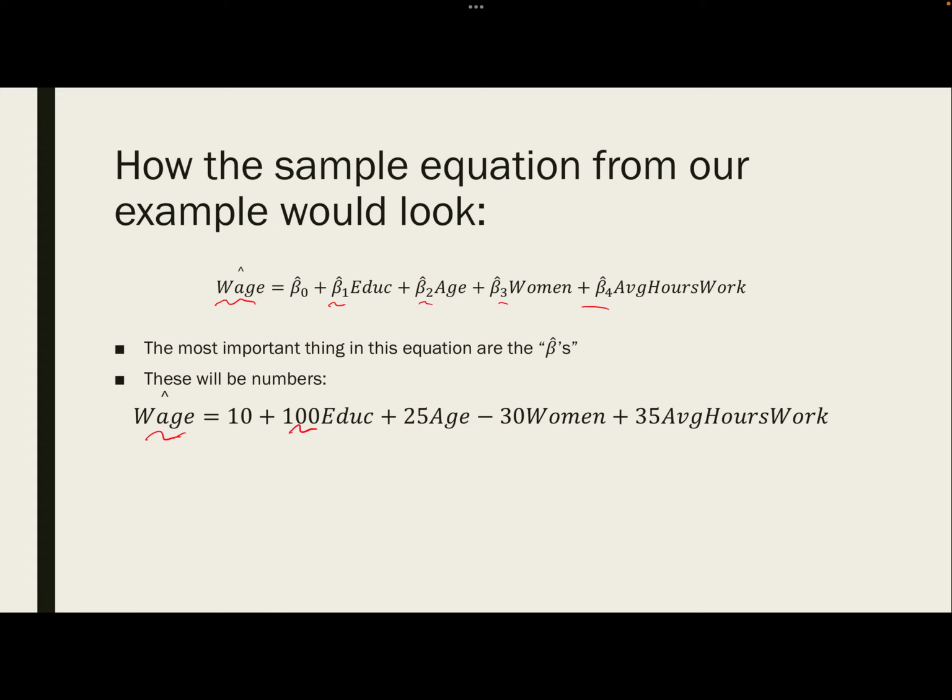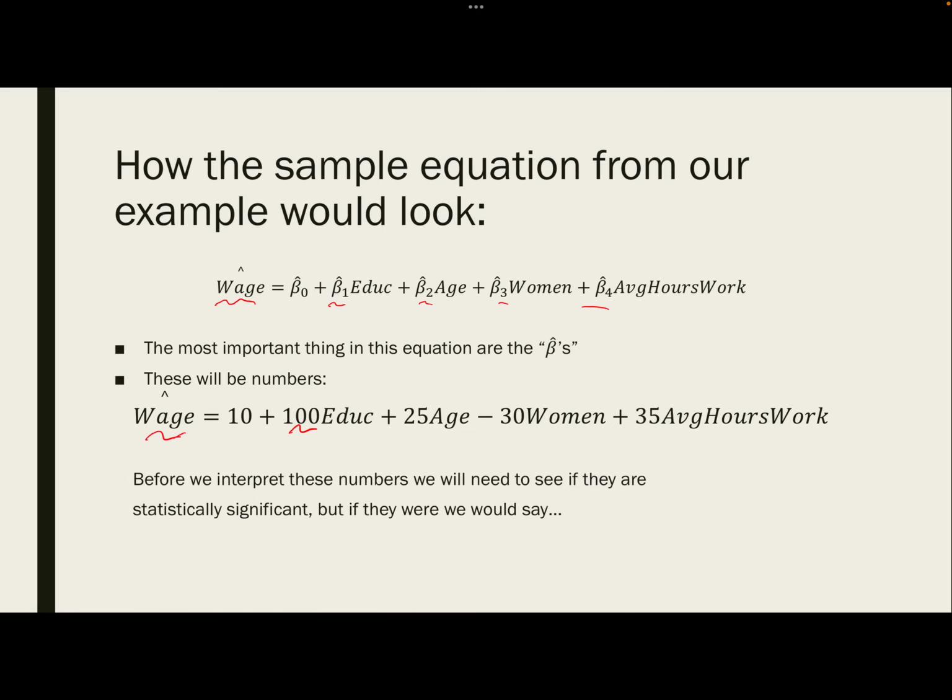Before we did that, we would want to see if these things were statistically significant, which we'll talk about later. But assume they were. This would say for each additional year of education, if education increases by 1 year, wage will increase by $100, assume it's in dollars, holding the person's age, whether they're a woman or not, or average hours of work constant.